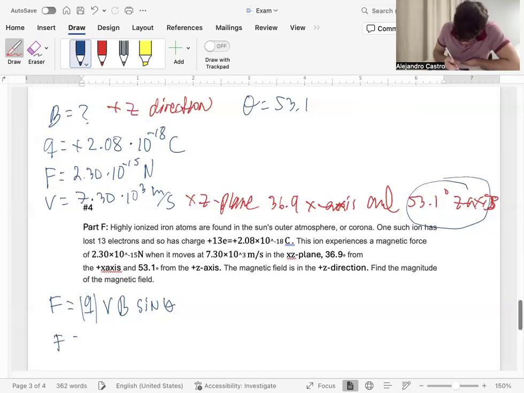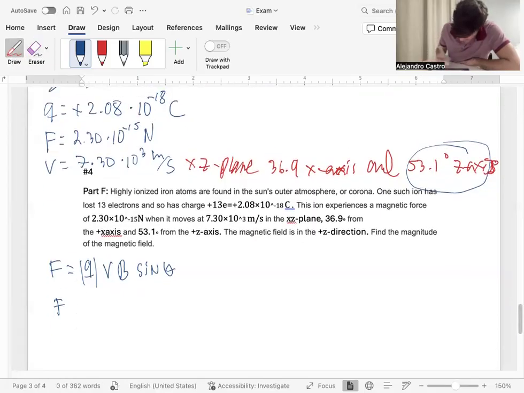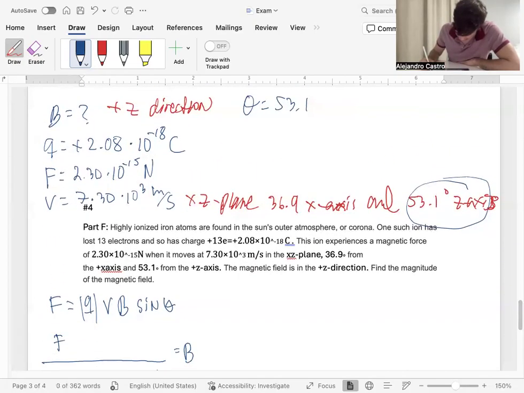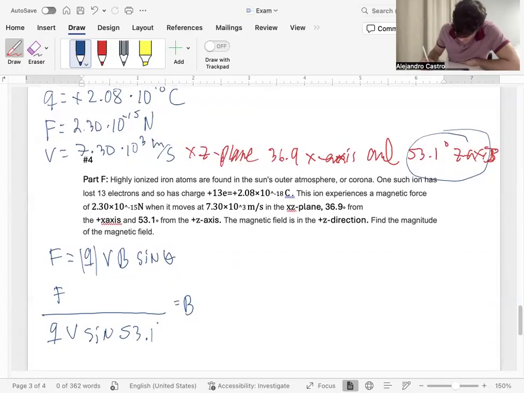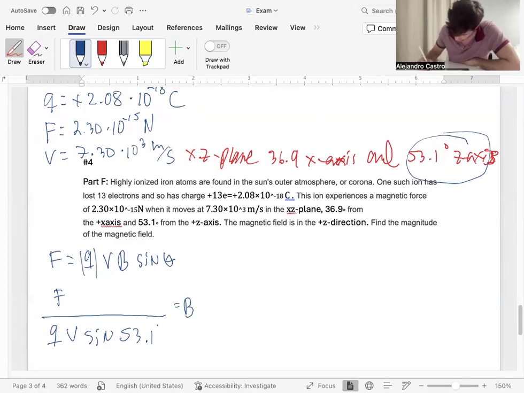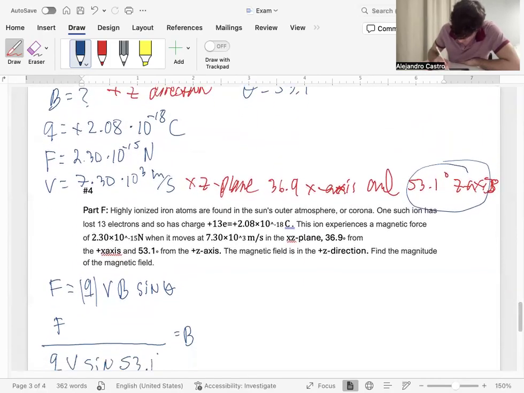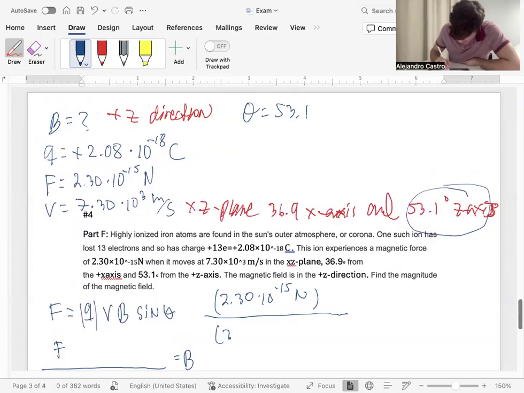Yes. Charge is given to us. Everything is given to us. And we figured out the angle.